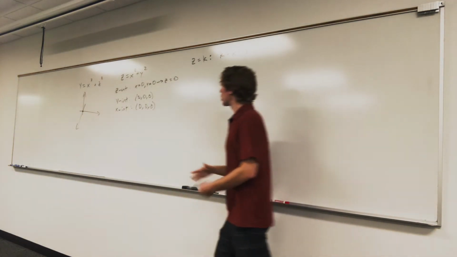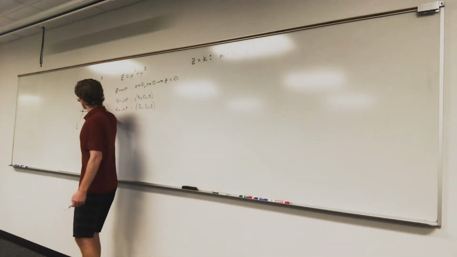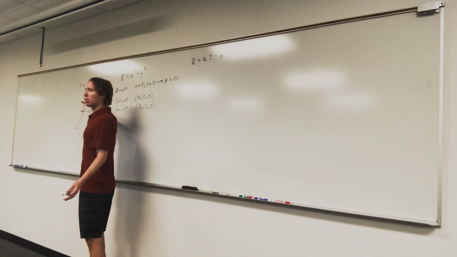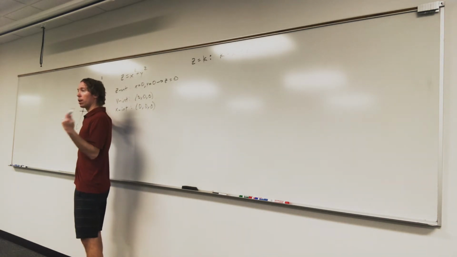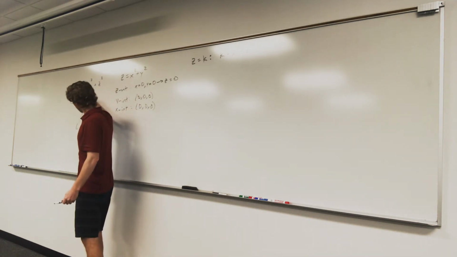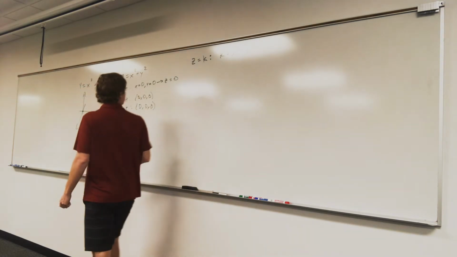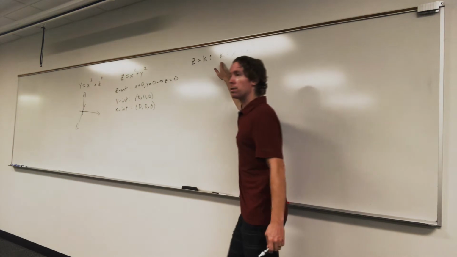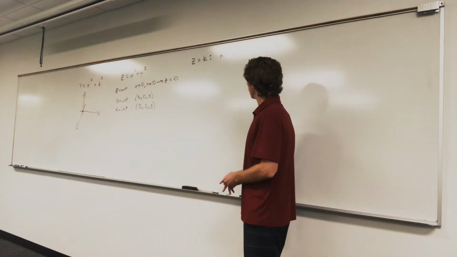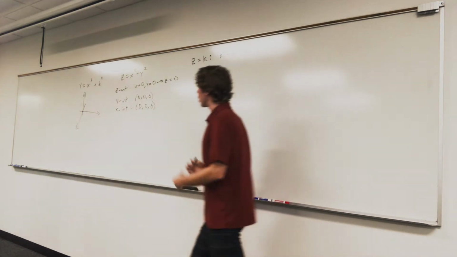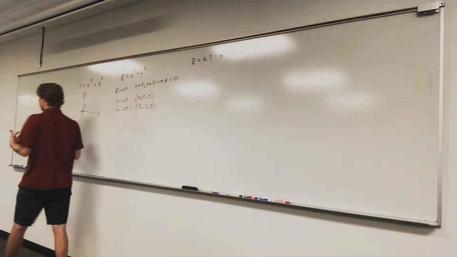That tells me that when I cut this with z equals k, I'm getting a circle of radius square root k. So the graph can't go below the xy plane because k can't be negative.